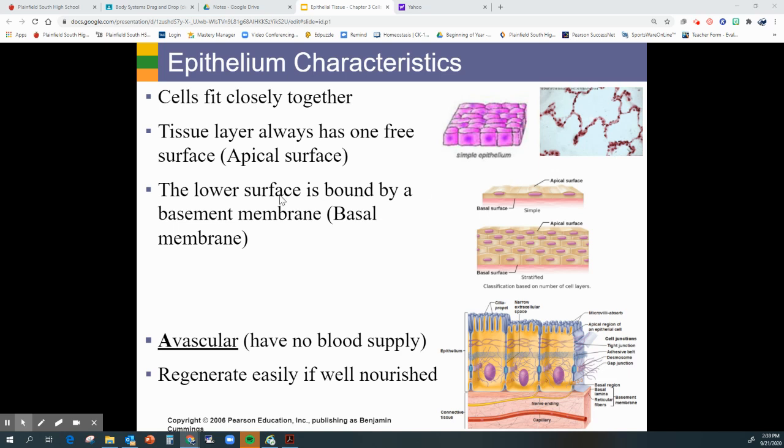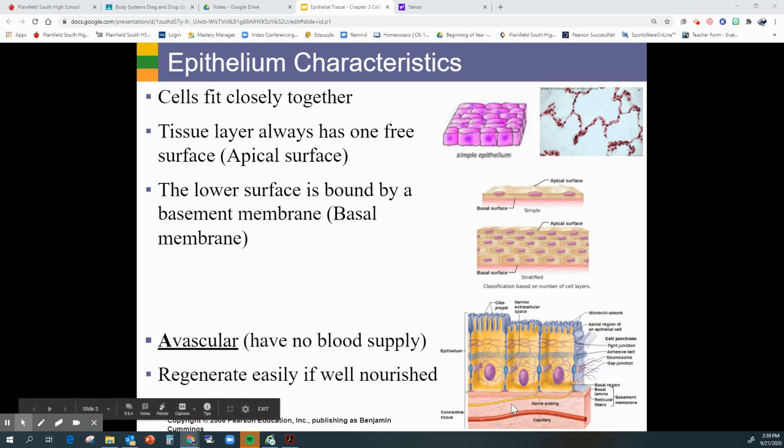It's also going to have this lower kind of basement membrane called a basal surface, right? This is where it attaches to other tissue, usually connective tissue in most cases. But this is this layer down here at the bottom. So it's always going to have an apical surface and always have a basal or basement surface. Other characteristics of epithelial tissue is that it is avascular, meaning it doesn't have any blood flow or blood supply.